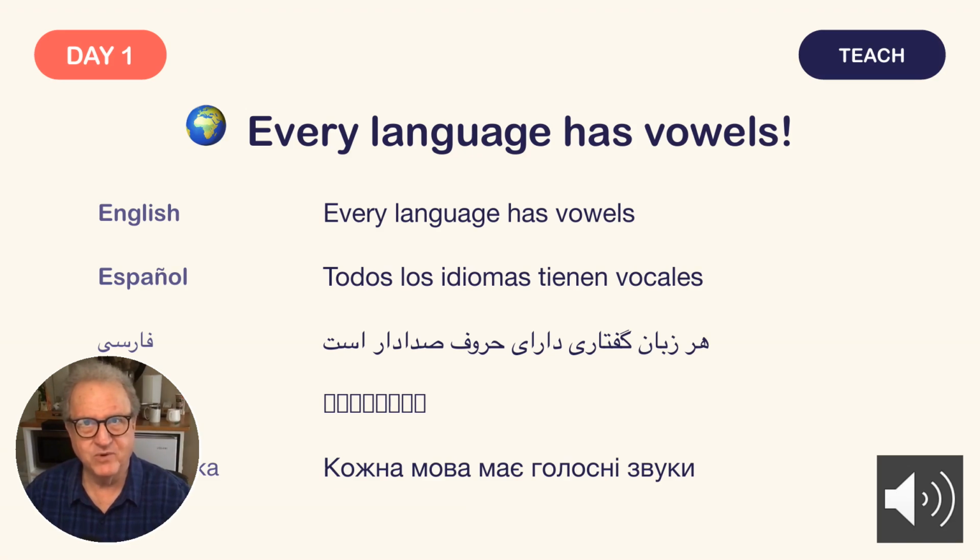How many vowels are there in your language? In Spanish, there are 5, and in Farsi, there are 6, and Ukrainian 6. Do you see any other languages there? But today, we're not going to talk about the sounds as much as we're going to talk about the letters.